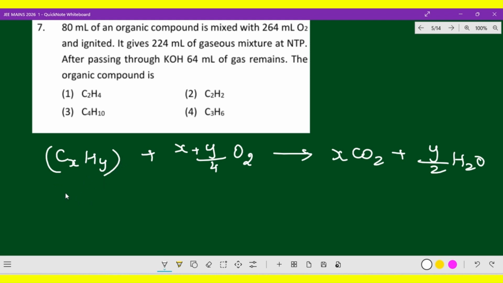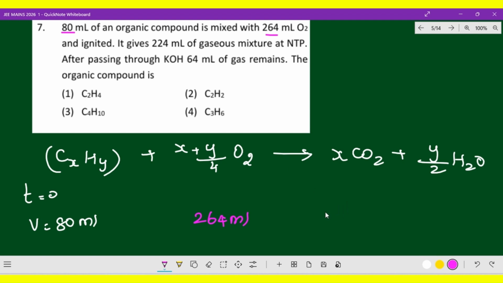You know this formula very well. Generally we have practiced many questions of this kind. Okay, the temperature they have given at present, before the reaction takes place, is 0. And the volume: 80 ml of organic compound, mixed with 264 ml of oxygen. Now it gives 224 ml of gaseous mixture at NTP.